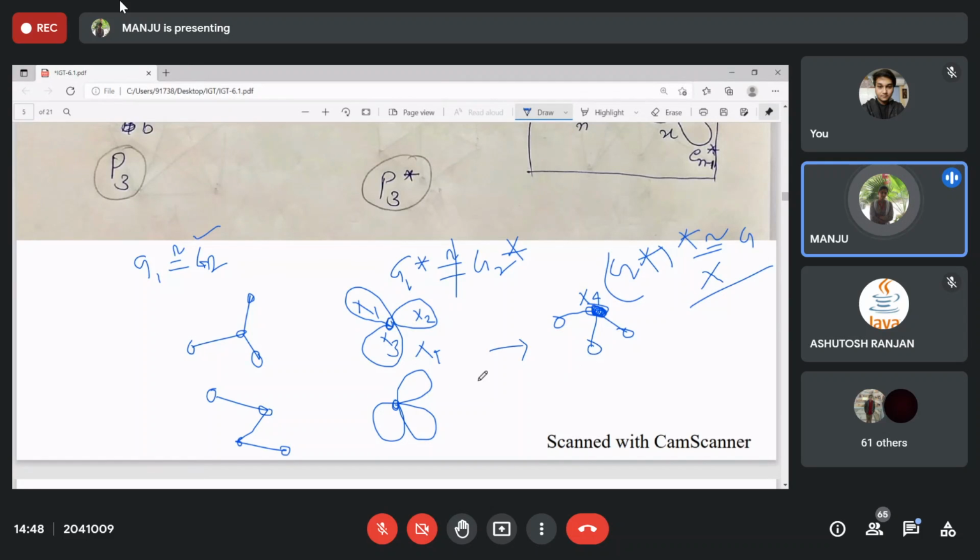This one is the same dual, right? This is isomorphic to this graph, right? Or you can just say these are non-isomorphic over here, right? But here you are having isomorphic. Clear? And this is your G star, and again G star and star, again dual of dual.